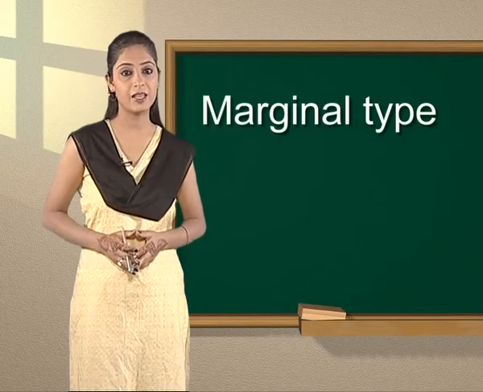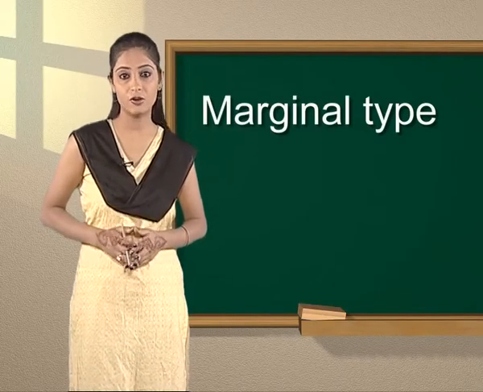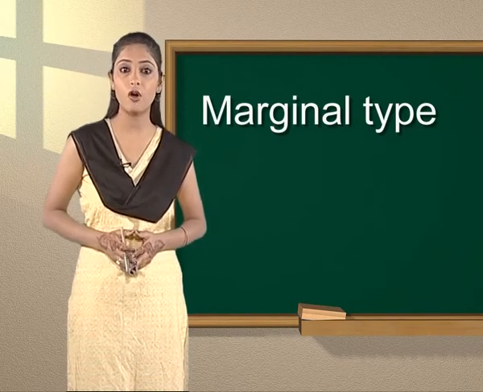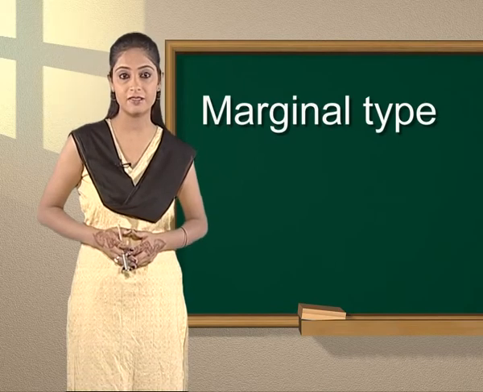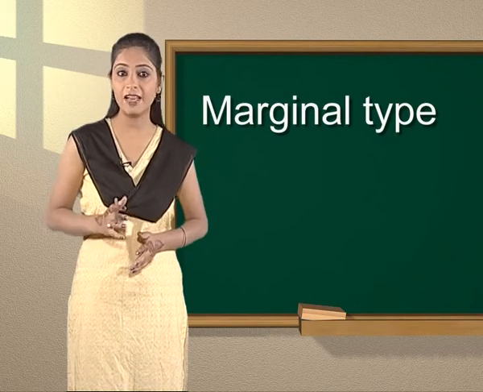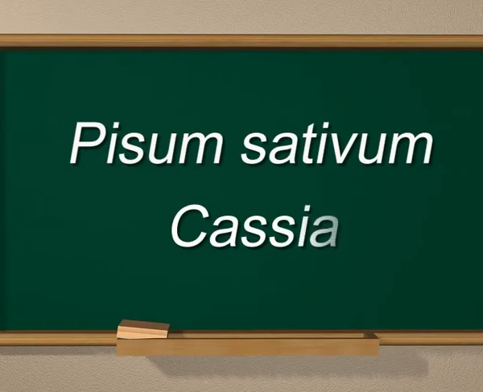In marginal type, the ovary is unilocular and there is only one elongated placenta on one side of the ovary. This type is conspicuous in legumes and found in plants like Pisum sativum and Cassia.